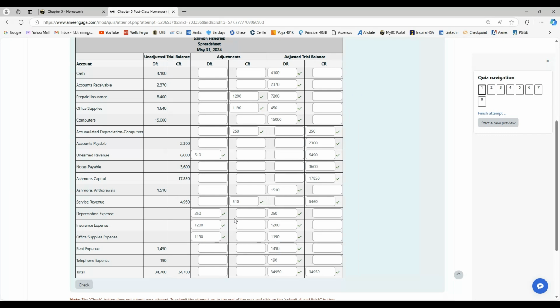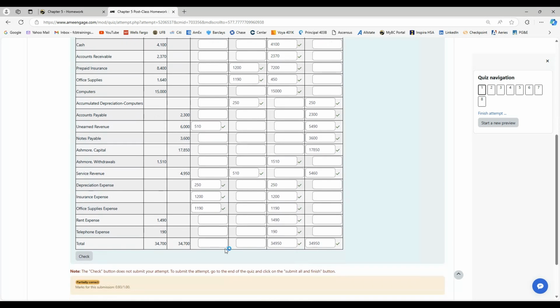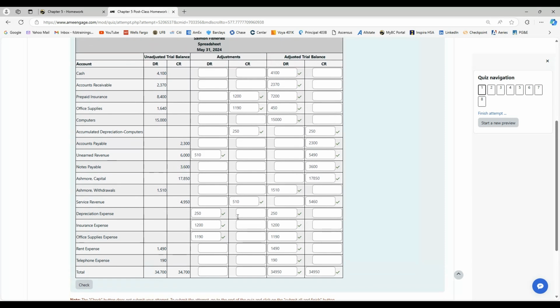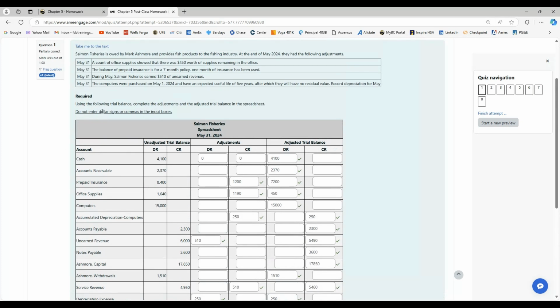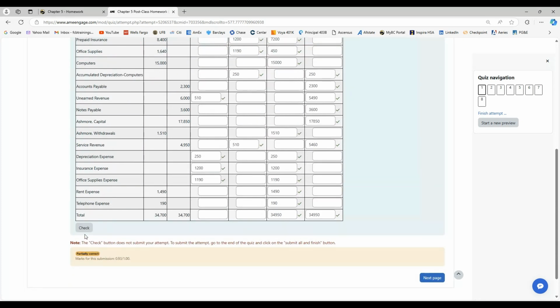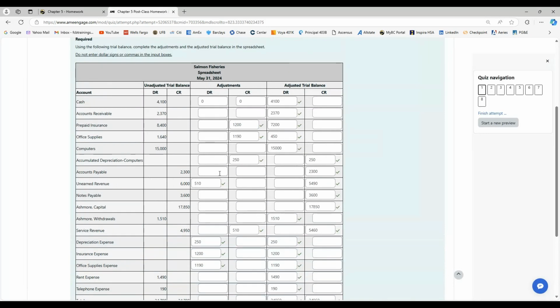That all looks right. What am I missing? Do I need zeros in here? I'm assuming I don't. Let's check though, just to make sure that's correct. Yeah, it's not those.